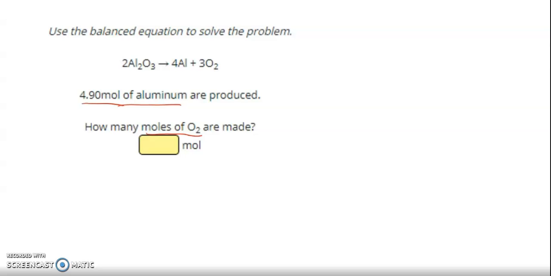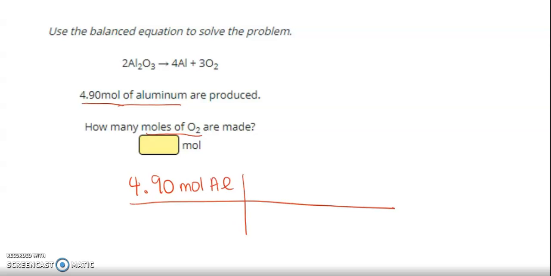All right, so 4.9 moles of aluminum is what we're going to start with. I'm going to set up my conversion here, and my first step will always be to take my units and drag them down. So I write moles of aluminum.